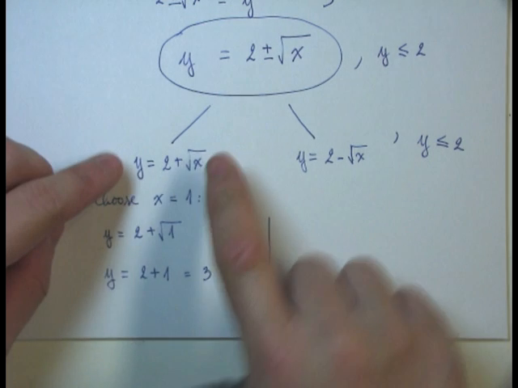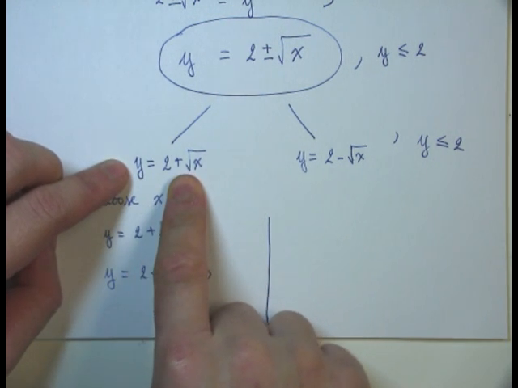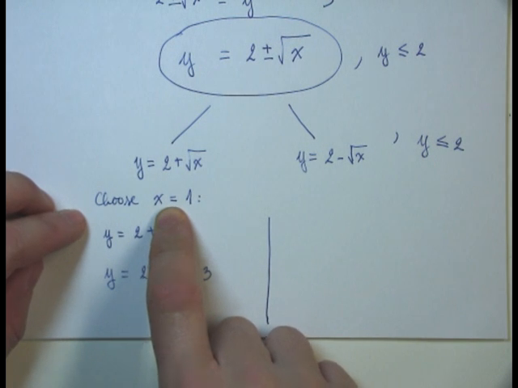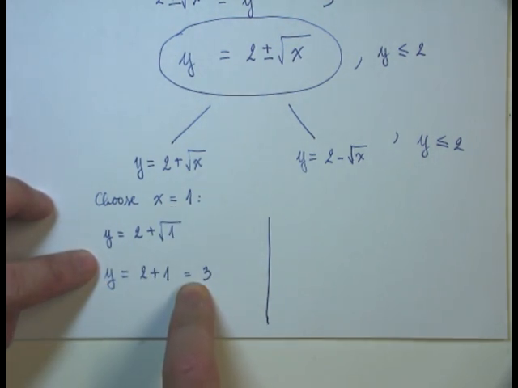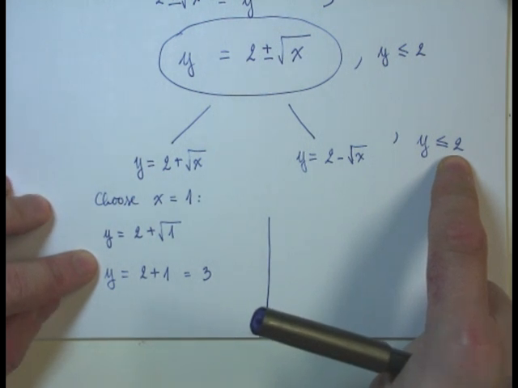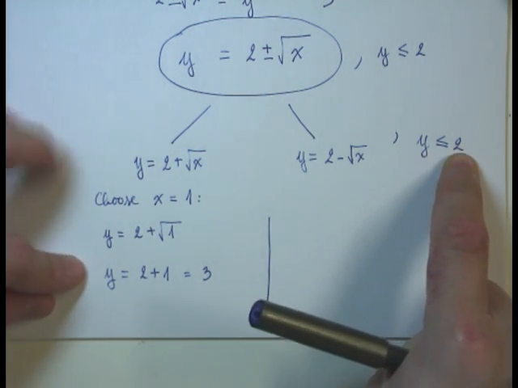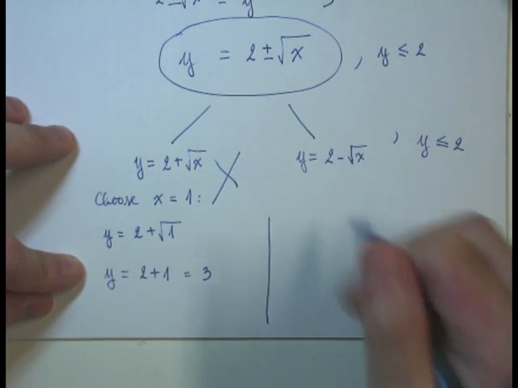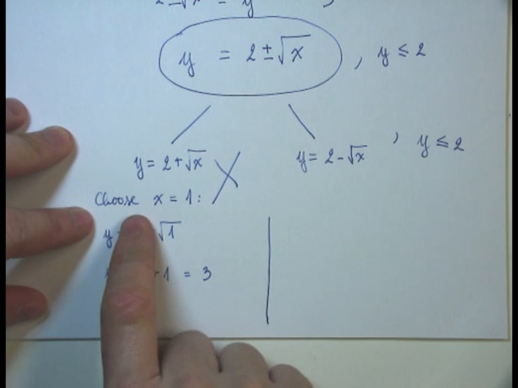So if y equals 2 plus the square root of x, then when x equals 1, the y value would be equal to 3. But this already violates the condition, because we want y less than or equal to 2. So we cannot choose this one to be my inverse. Now let's check the other one, once again choosing x to be 1.